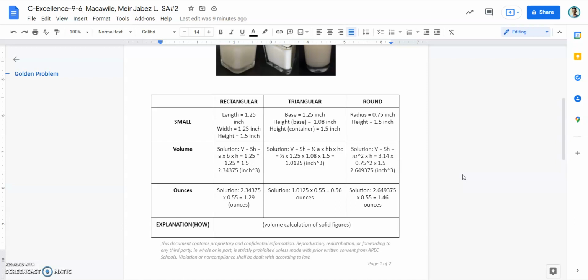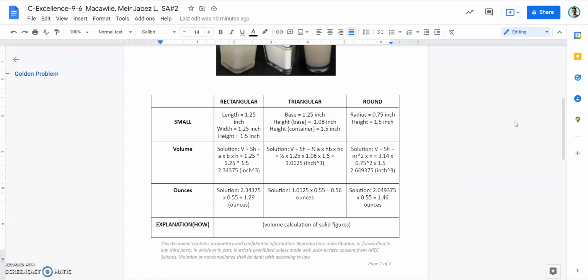The solution is V small is equal to 1/2 times base times height of base times height of container, which is 1/2 times 1.25 times 1.08 times 1.5, equal to 1.0125 inches cubed. Now we need to get the ounces: 1.0125 times 0.55 is equal to 0.56 ounces.